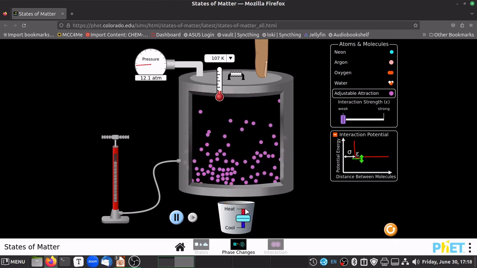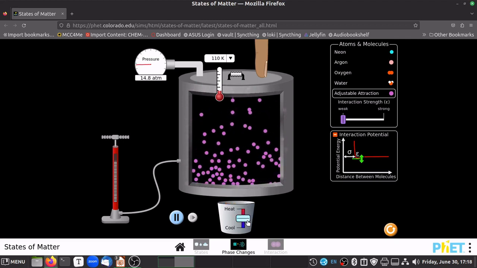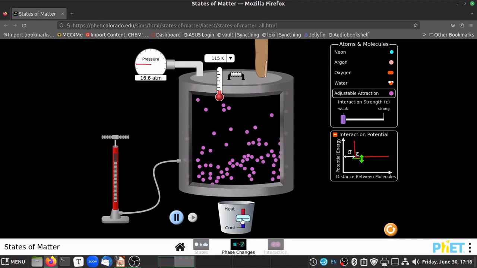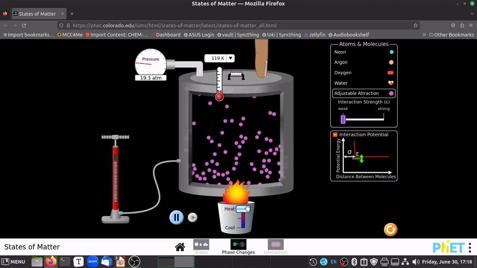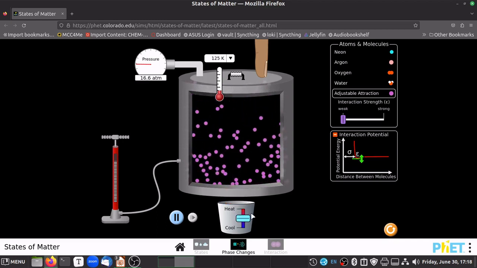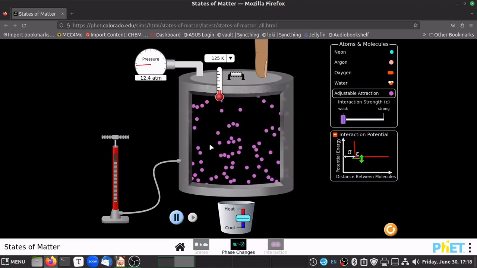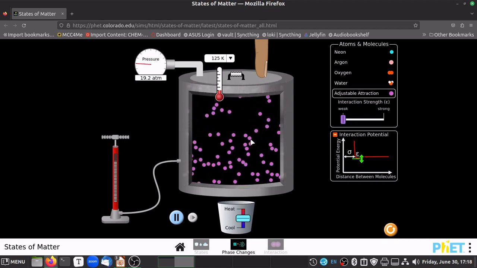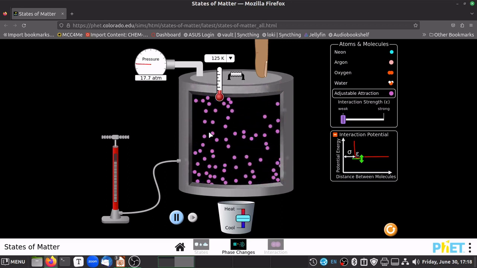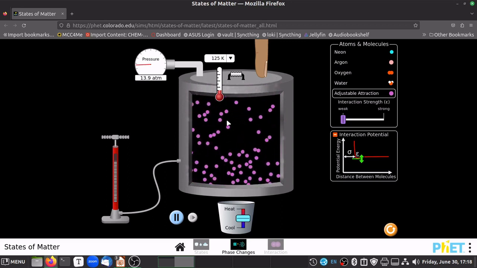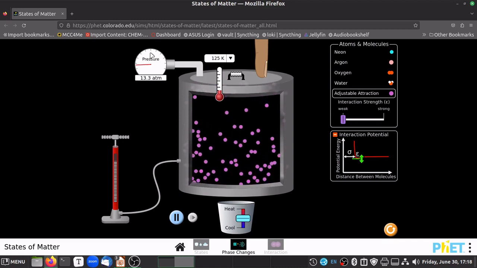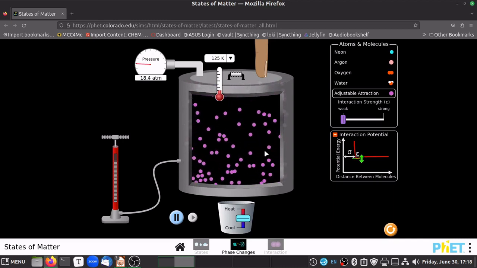We've got more and more of these atoms moving up to fill the volume of the container. And now we have something that looks a lot like a gas, where we have everything free moving and it's going and filling the container, striking the walls of the container at all sides. And we can see that our pressure has now increased.